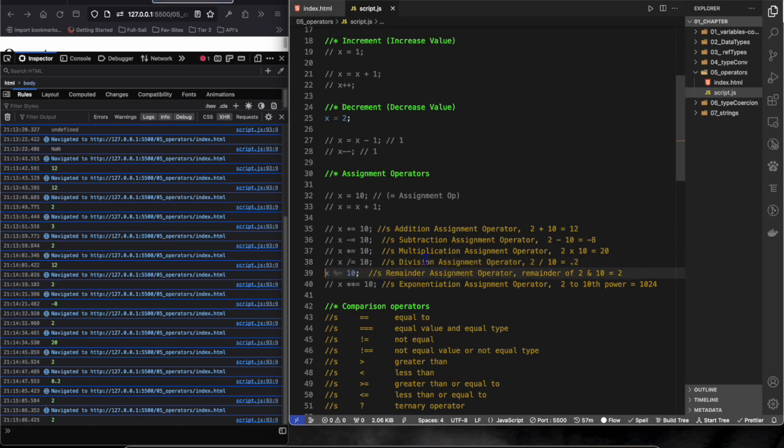For our remainder assignment operator, we have X percent sign equals 10, which will break down to the remainder of 2 divided by 10, and will equal 2, which is the modulus. And for the exponentiation assignment operator, we have X double star sign equals 10, which will equal 2 to the 10th power. It equals 1024, as you can see in the console over here.